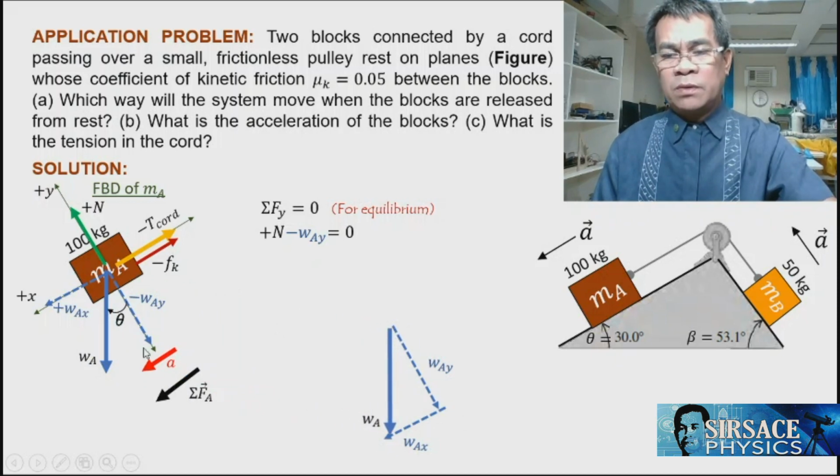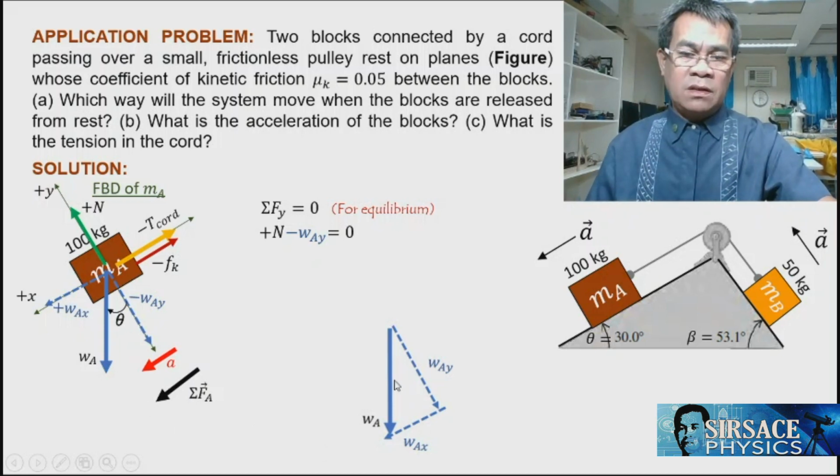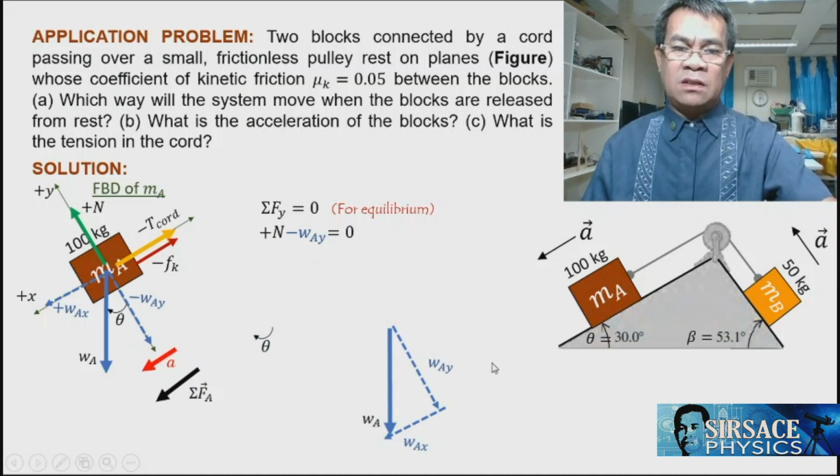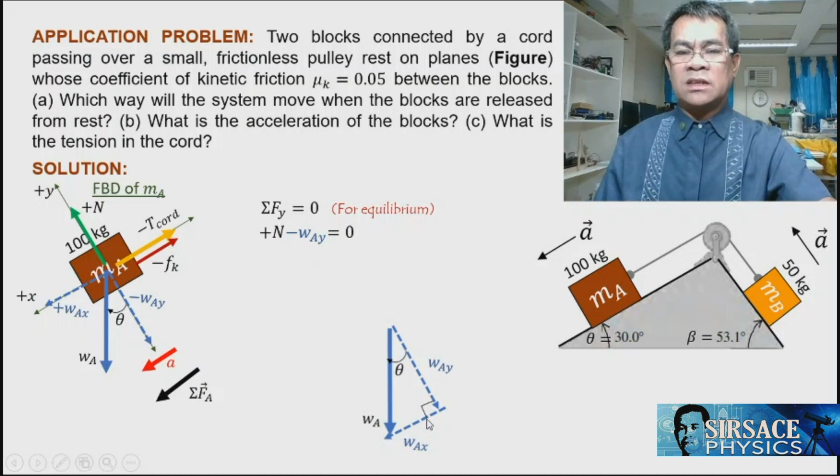This will form a closed polygon because WAX and WAY are the components of W. So since this is theta, this is also theta. So this is also 30 degrees. And take note this is y and this is x, so the intersection angle must be 90 degrees, such that we have a right triangle.